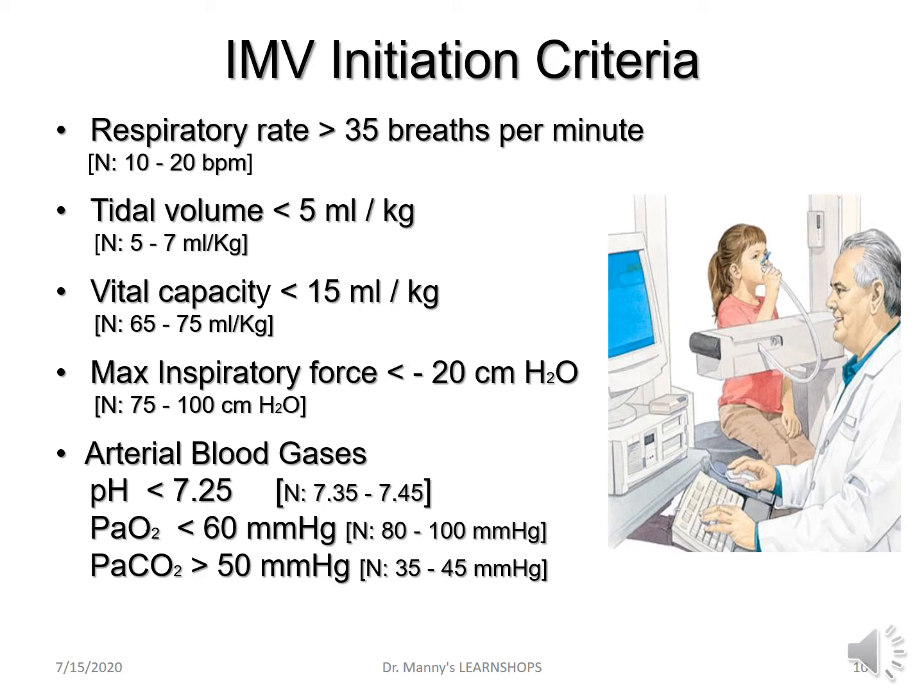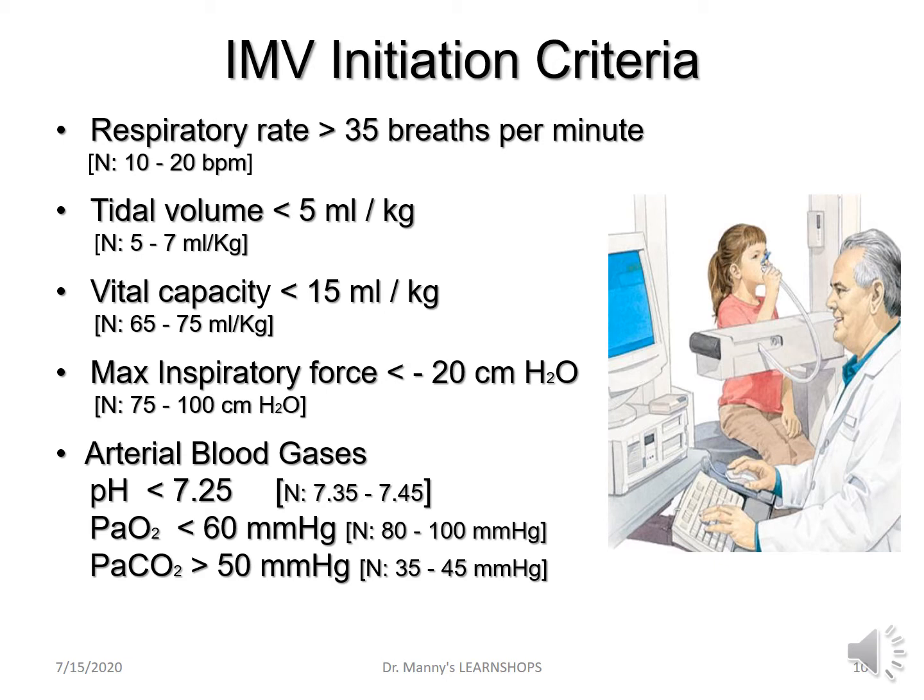It depends on the admitting physician or the unit policy for their intensive care or emergency department, but typically the respiratory rate is fast, greater than 35 breaths per minute, a tachypnea, in conjunction with other parameters and criteria, such as a tidal volume of less than 5 mL per kg, a vital capacity of less than 15 mL per kg, which means the person is not able to generate an effective cough, a maximum inspiratory force that is typically less than minus 20 centimeters of water, indicating that inspiration may be difficult.